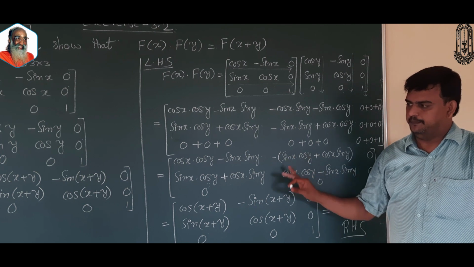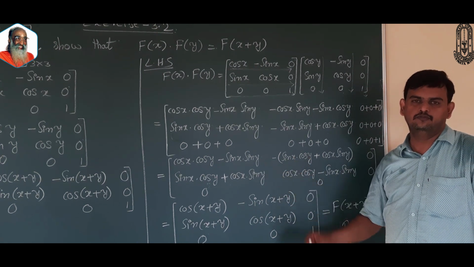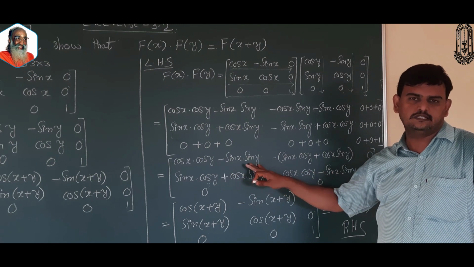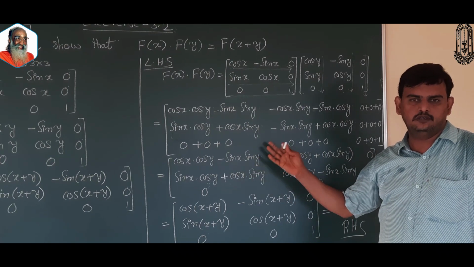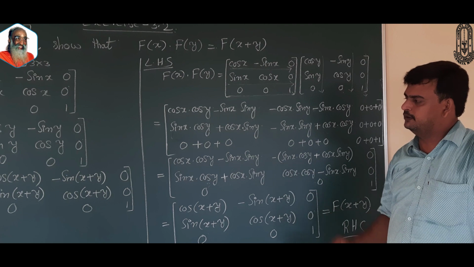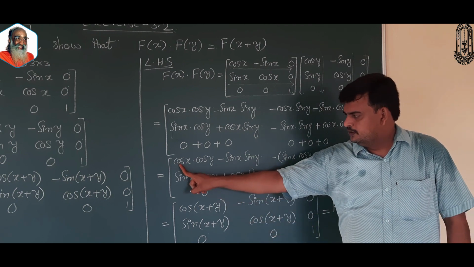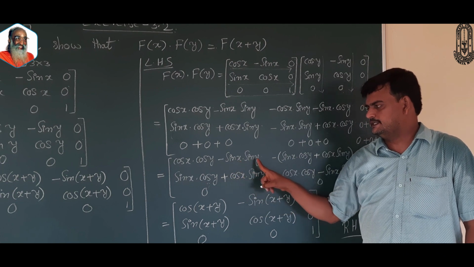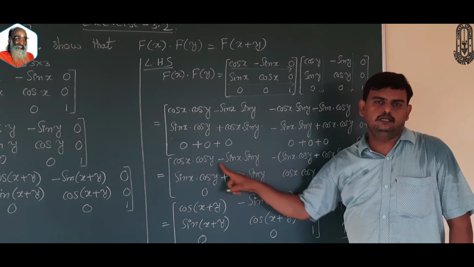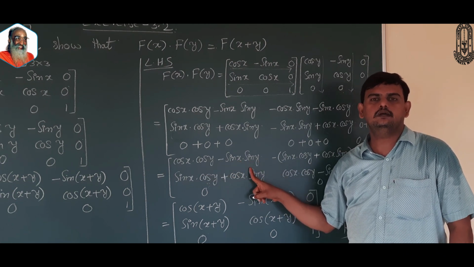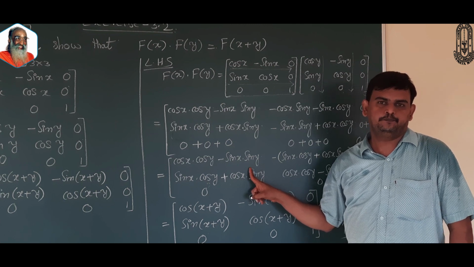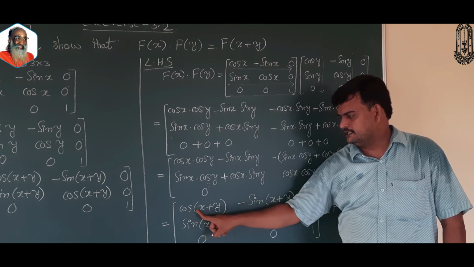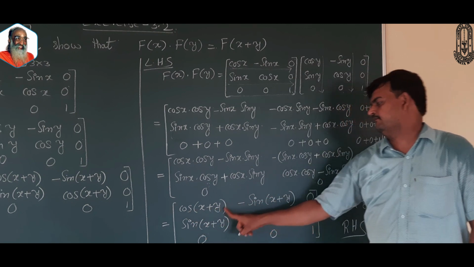In trigonometry we have a few formulae, that is sin a plus b, cos a plus b, sin a minus b, cos a minus b. All these formulae we have. Here cos x into cos y minus sin x into sin y is the formula for cos a plus b, so we can write it as cos x plus y.